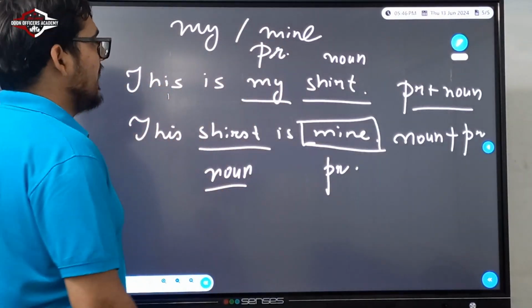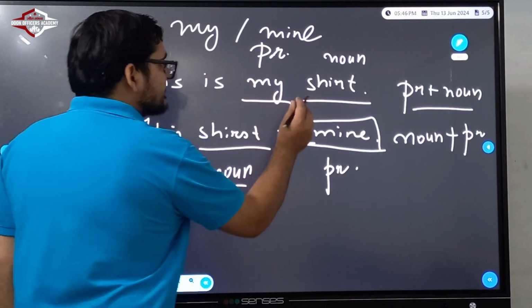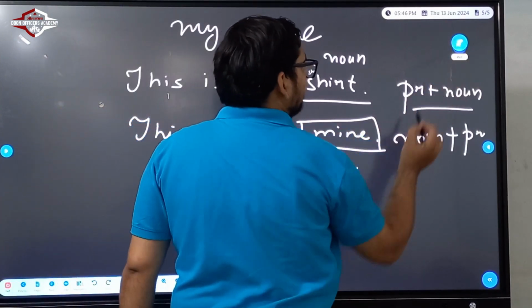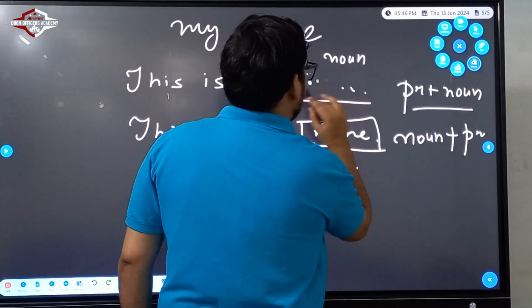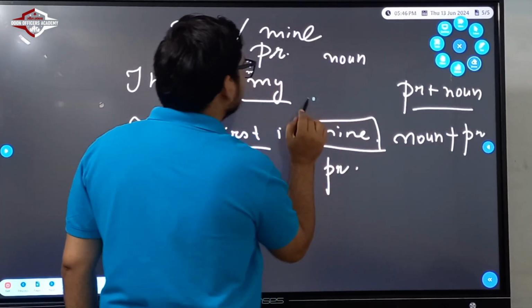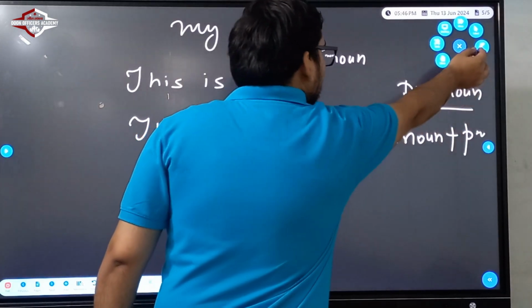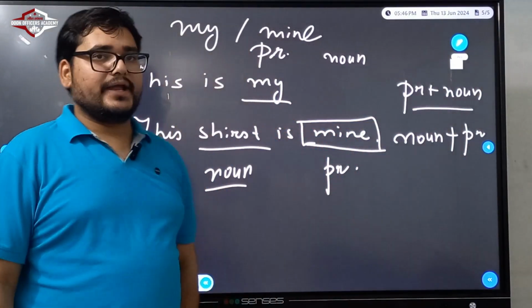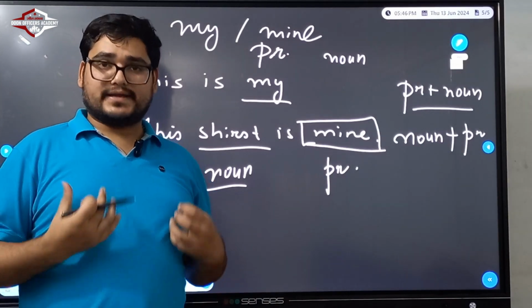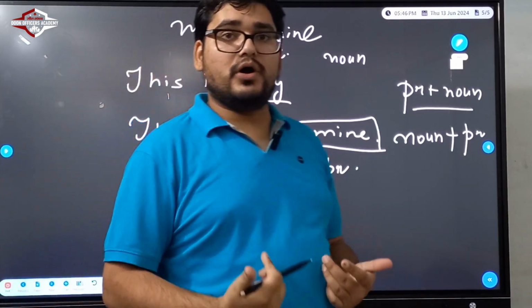What is the difference? See, if I just omit the word shirt here, look at this. This is my what? I can ask a question: this is my what, right?